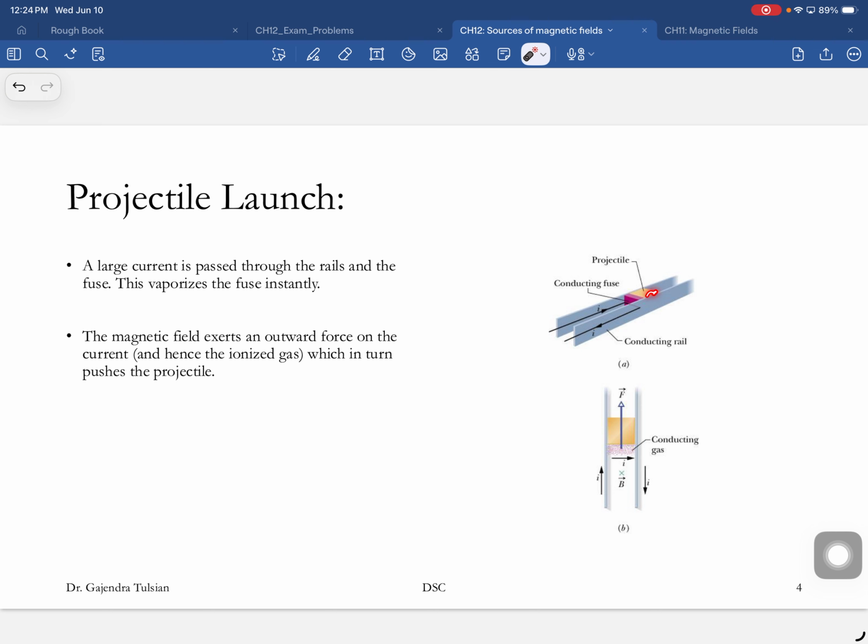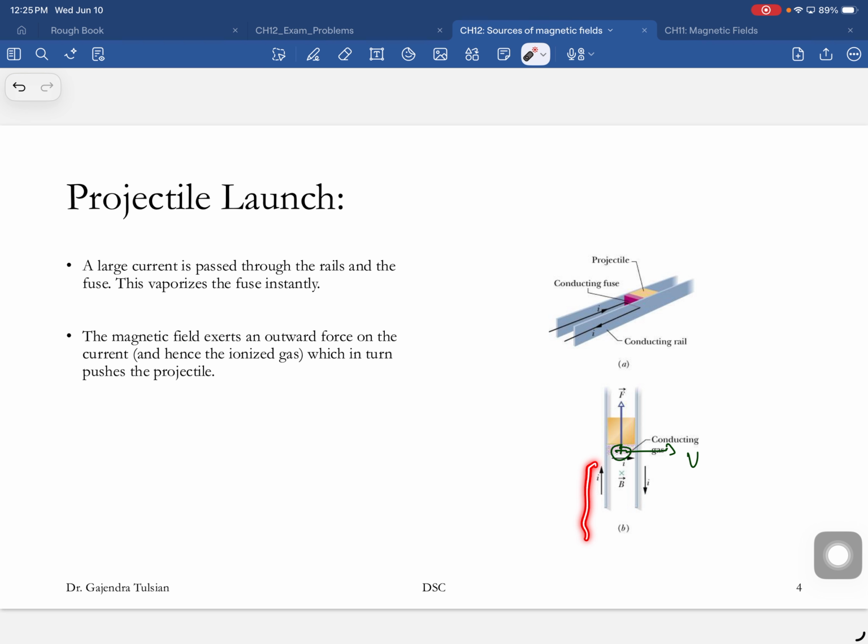When you want to launch the projectile, all you do is flip a switch and pass a current through this rail gun. The current passes through the fuse, it instantly vaporizes the fuse, makes it into a plasma. Okay. So here's the current. We'll say this is positive charges flowing in that direction, velocity.